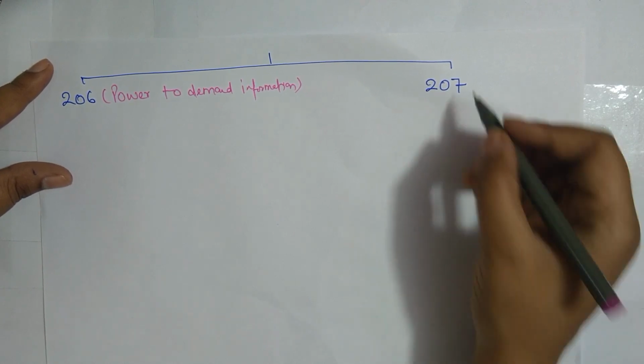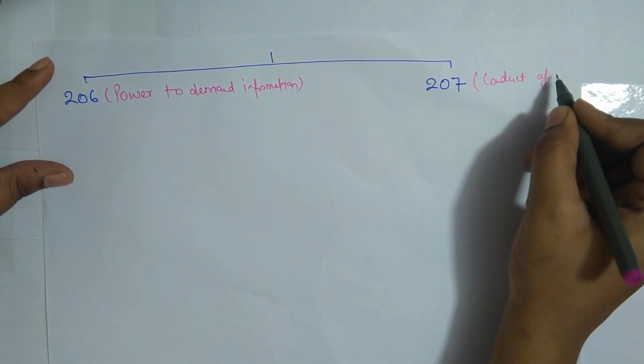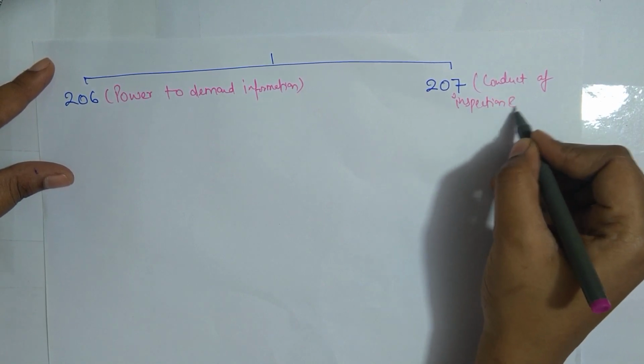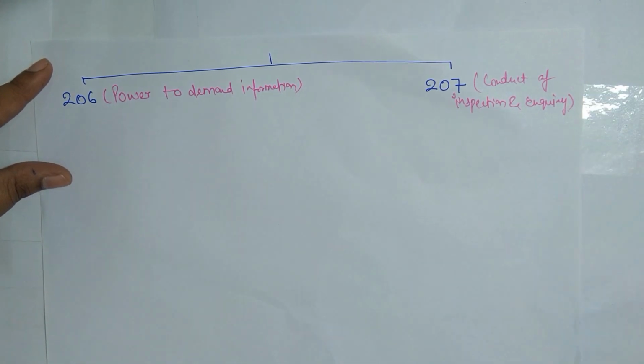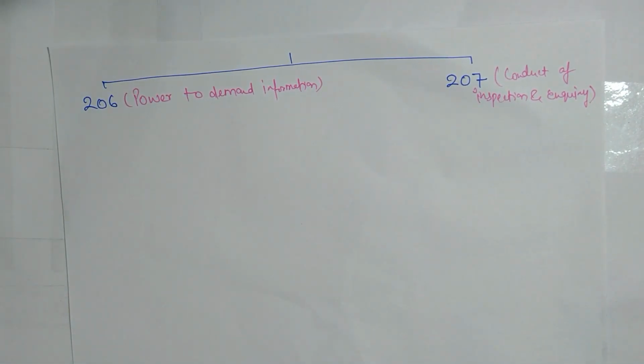And section 207 deals with the conduct of inspection and inquiry: how inspection and inquiry are conducted, who is the authority that has the right to conduct this inspection and inquiry, and what the penalty provision is if we are not fulfilling the requirements. So let's discuss the topic now.